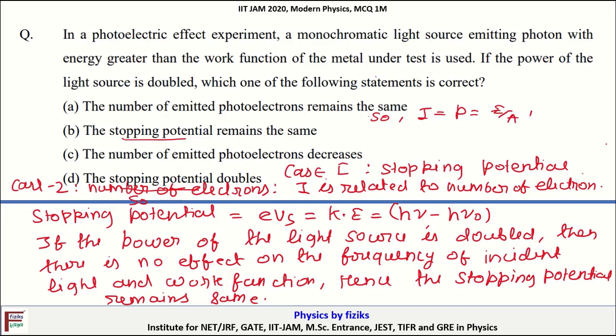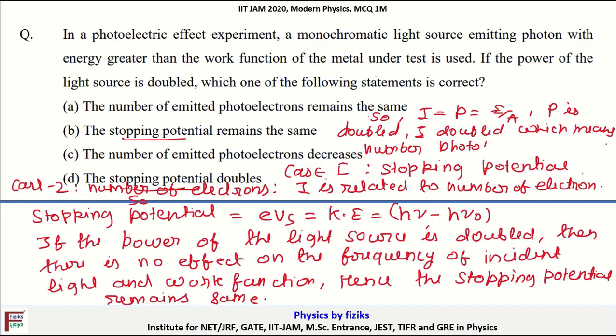Now, according to the question, P is doubled. That means I is doubled, which means the number of photoelectrons must be doubled.